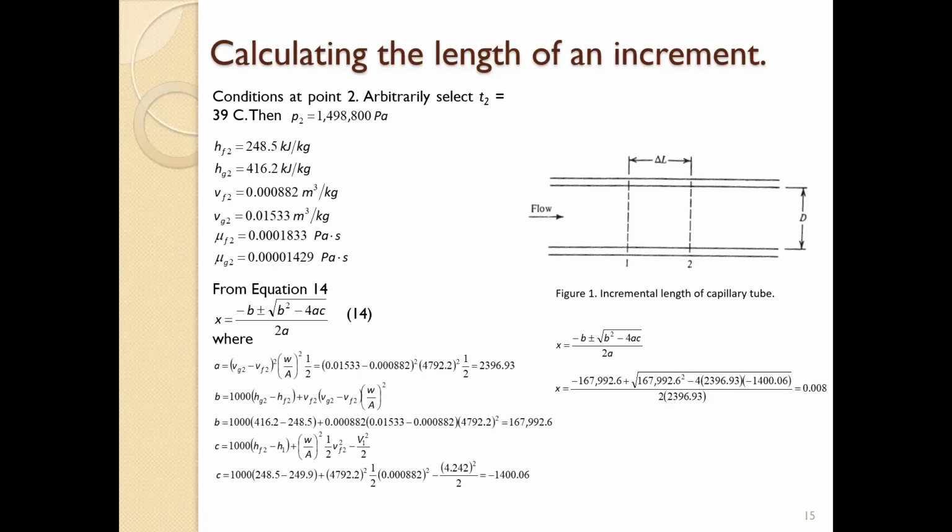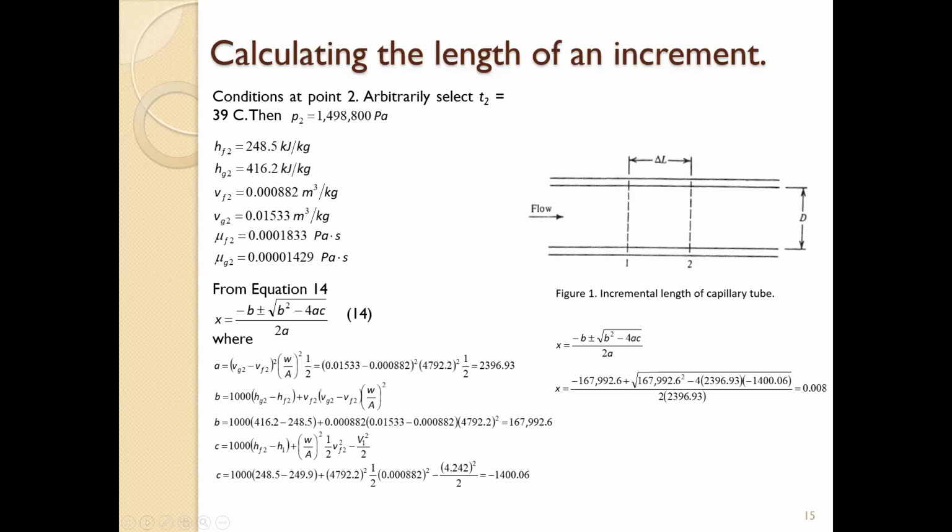So from equation 14, the quadratic formula, when you substitute the values, A is 2396.93, B is 167,992.6, and C is equal to negative 1400.6. This is the equation. So x, when substituted, is 0.008.